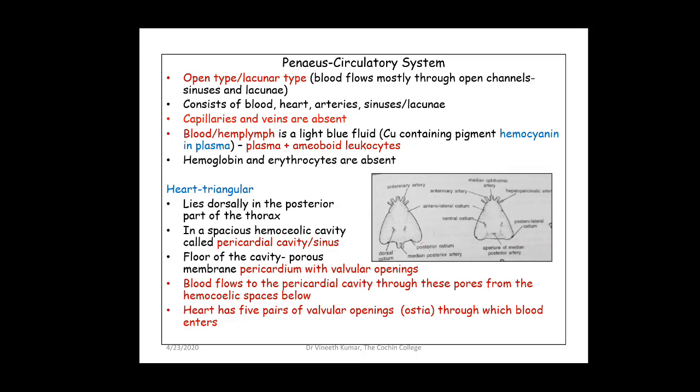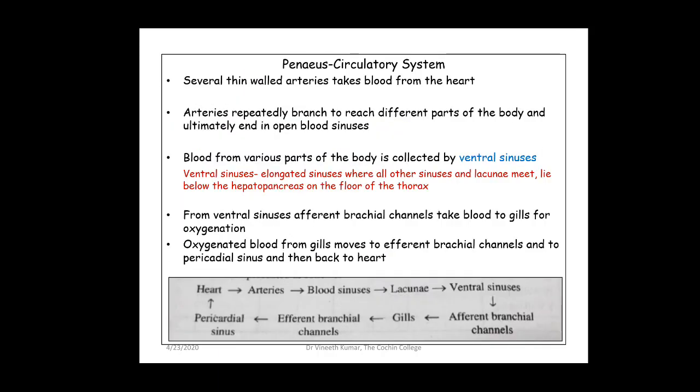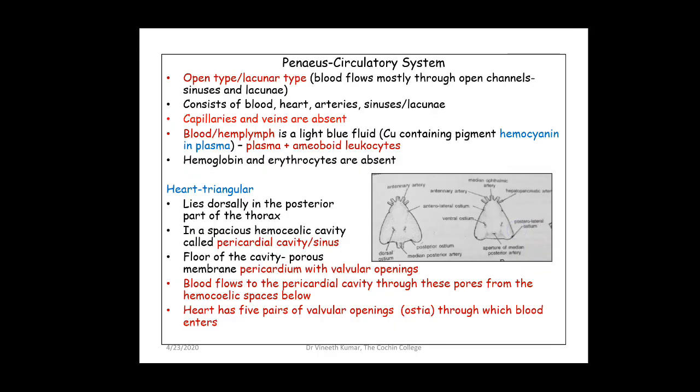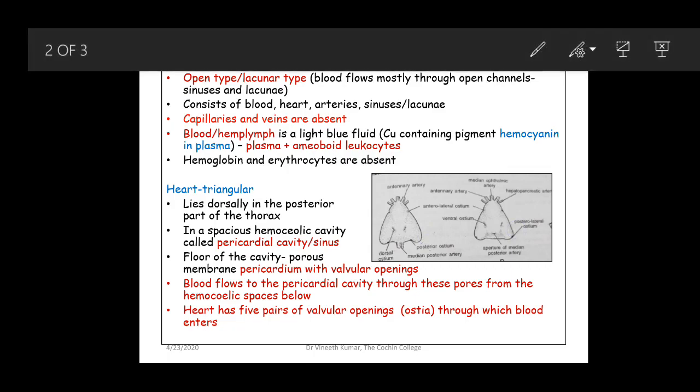The heart in turn has 5 pairs of valvular openings, which are shown in the diagram, 3 in this one, 3 in this, and the other 3 in this. The heart has valvular openings called ostia, and it is through these openings that the blood enters the heart.